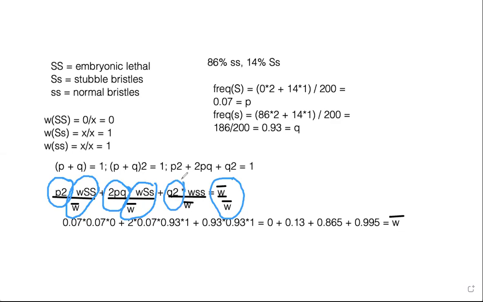Q squared is what the frequency of normal bristled little s flies would be if there were no selection. These terms model the effects of selection. And W little s divided by W bar is 1 over 0.995, and that's something greater than 1. So that tells you the frequency of normal bristled flies is going to be greater than it would have been if there was no selection happening. So that's the way I like to think about it.